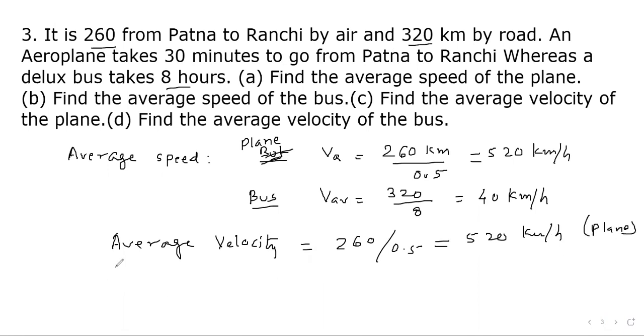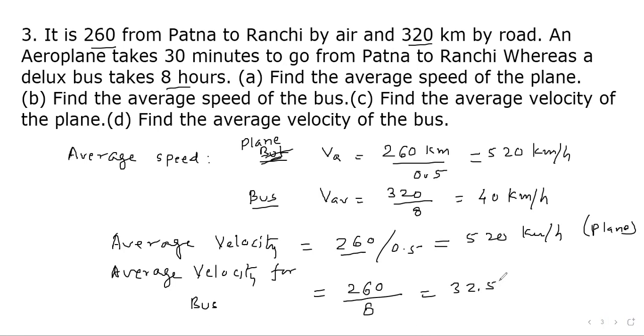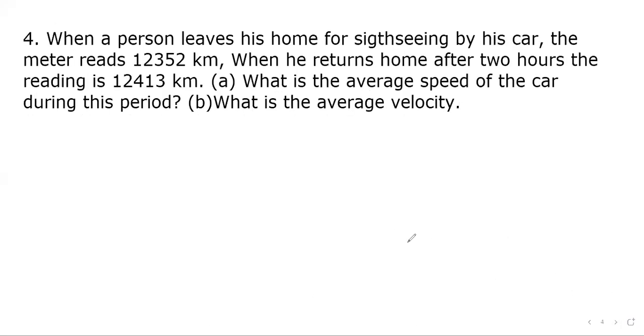Now, average velocity for bus. This time we have to take 260 because of the straight distance, but time will be 8 hours. So that will give 32.5 kilometer per hour. Now let's go to the next question.